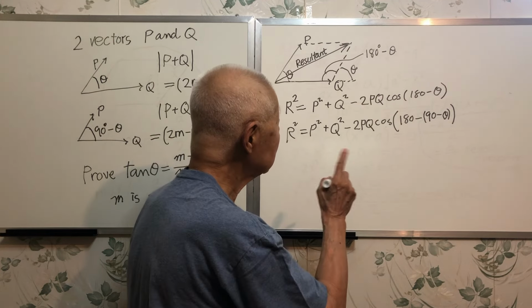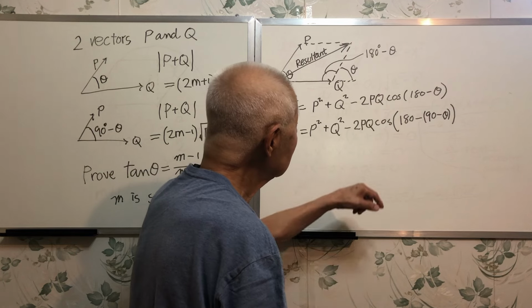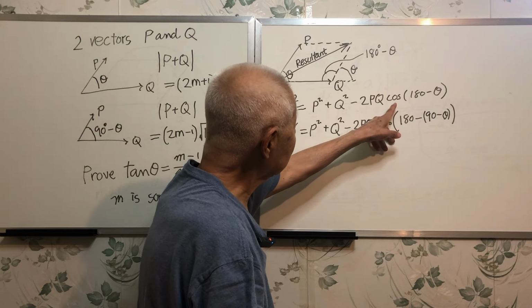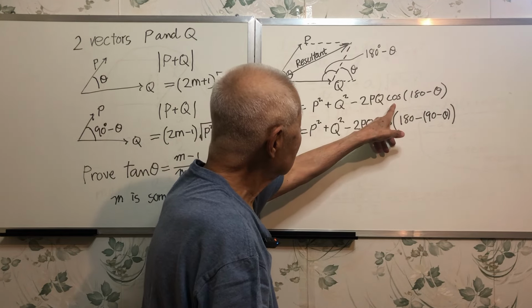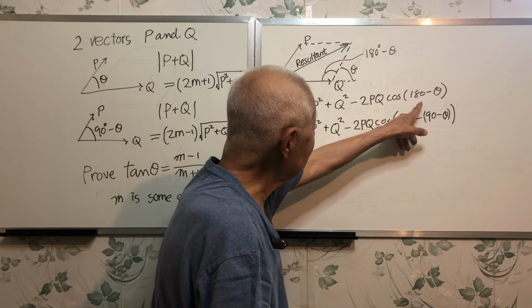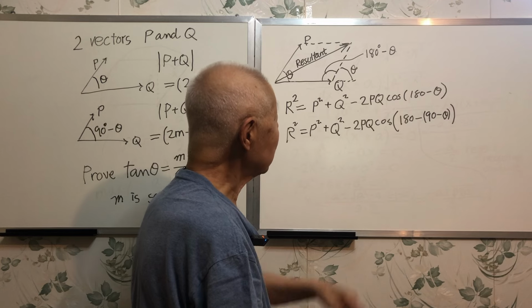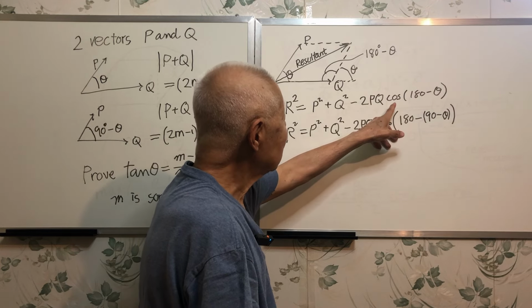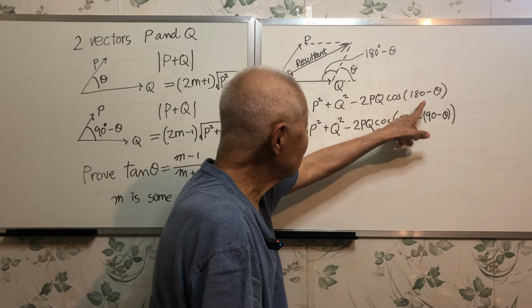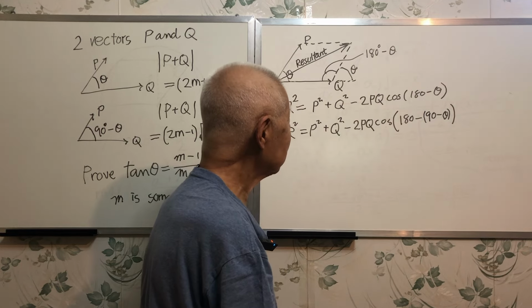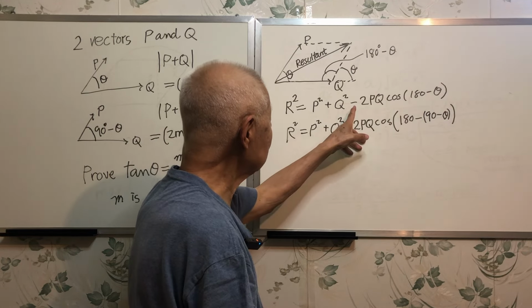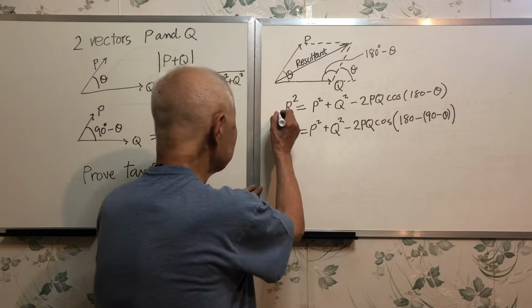Okay. What is cosine 180 minus theta? It is negative cosine theta, which changes this to positive.